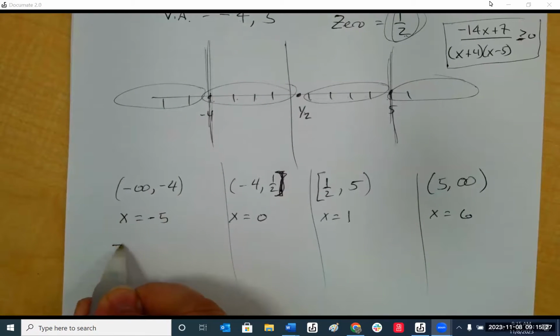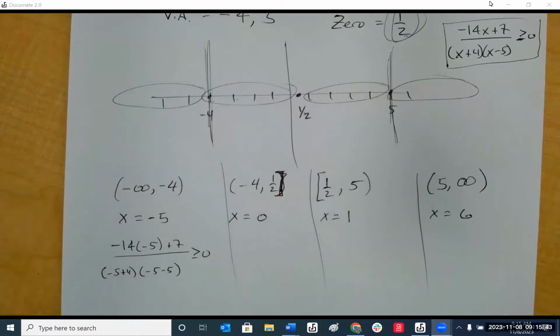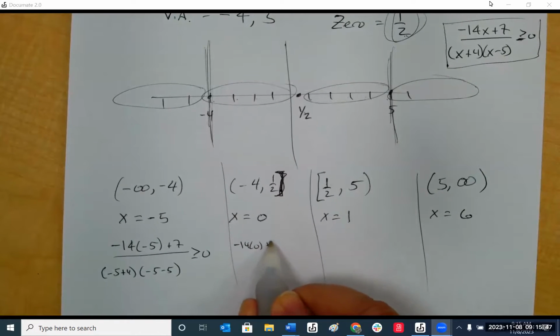So we have negative 14 times negative 5 plus 7, over negative 5 plus 4, negative 5 minus 5. Is it greater than 0? Negative 14 times 0 plus 7, over 0 plus 4, 0 minus 5.